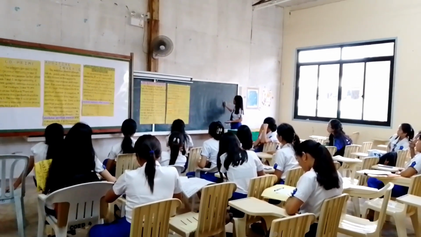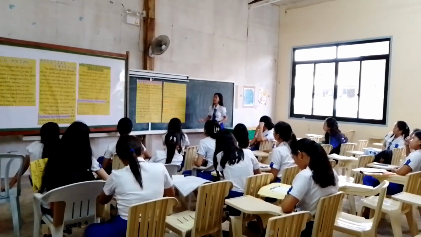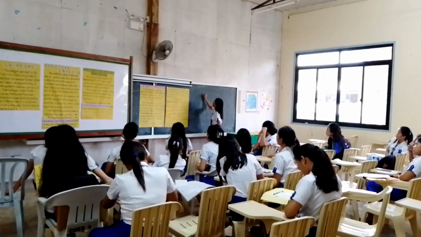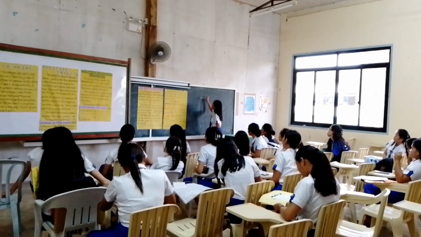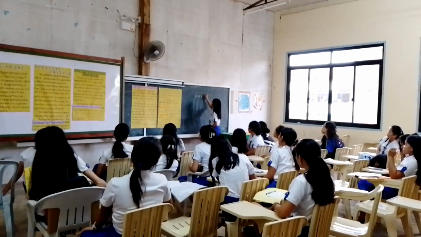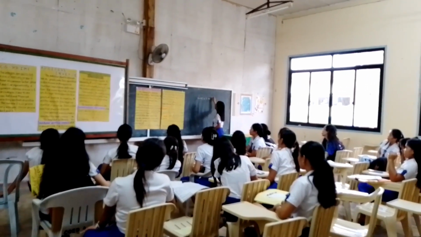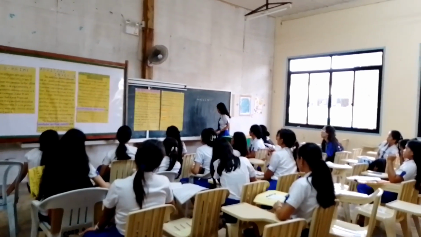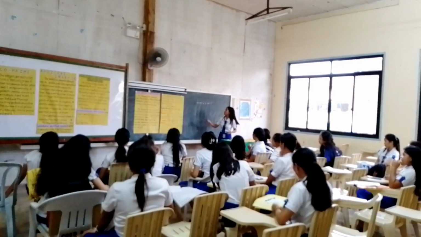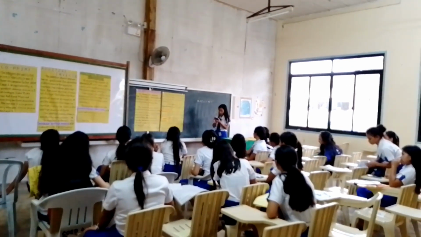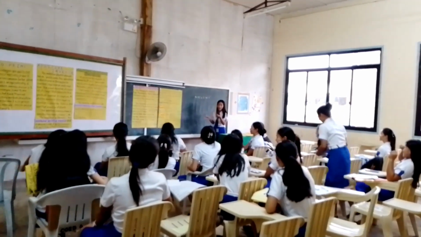But take note, guys, the multiplicative inverse is denoted by the formula a times the multiplicative inverse is congruent to 1 modulo n. For example, the inverse of 3 modulo 11 is 4.